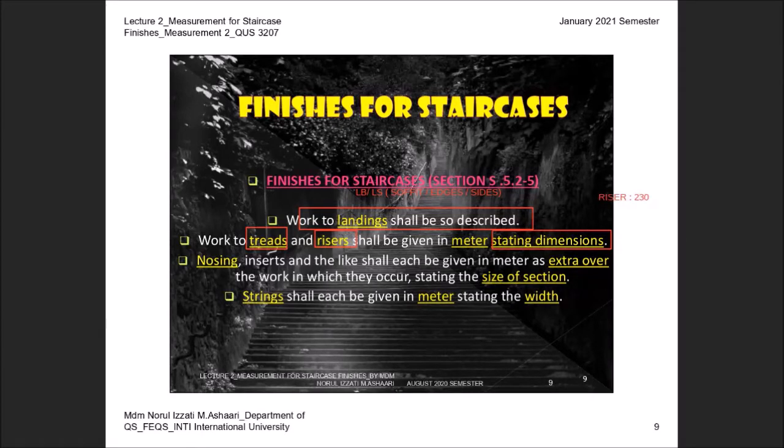And for example, for the tread, you get 500 mm, so you write tread 500 mm horizontal. Okay, and then this clause also highlighted the nosing. You have to measure as extra over. Look at this. Nosing, measure as extra over. And the last one, the string shall be given in meters, stating the width.